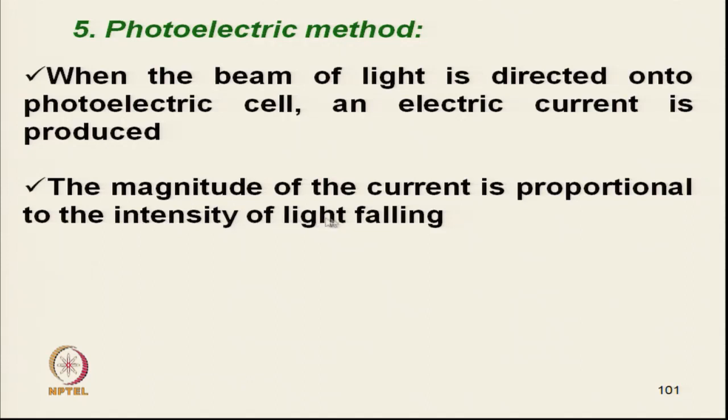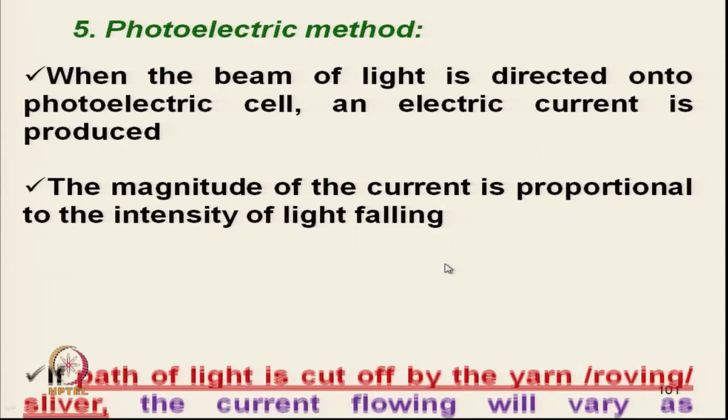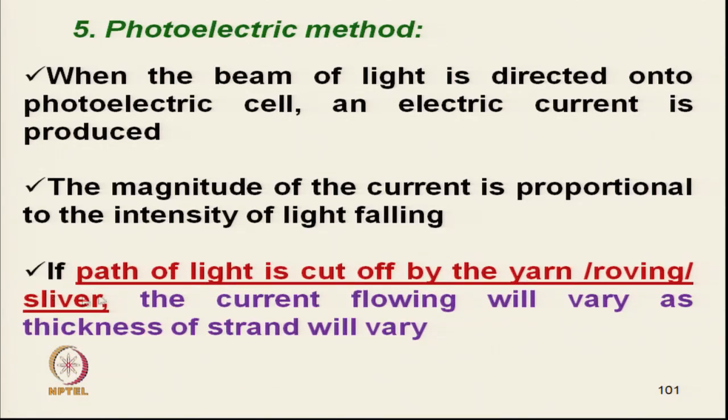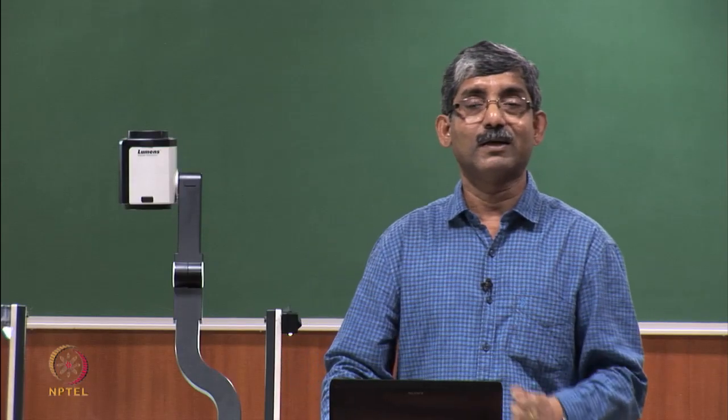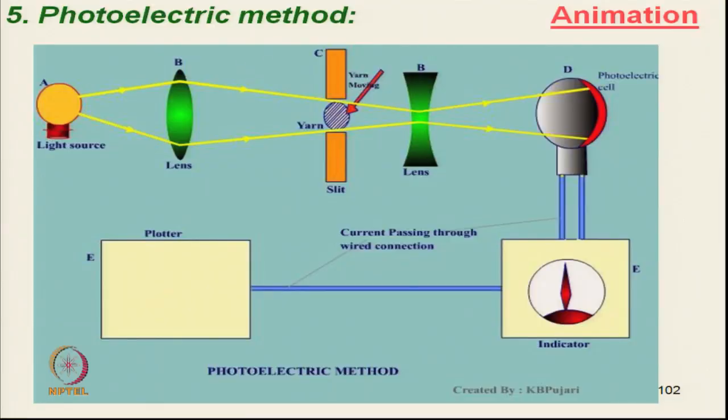The magnitude of the current is proportional to the intensity of light falling on it, and if the path of the light is cut off by the yarn, roving or sliver, the current flow will vary depending on the thickness or diameter of the yarn. So, it does not measure the mass variation, it measures the diameter variation.